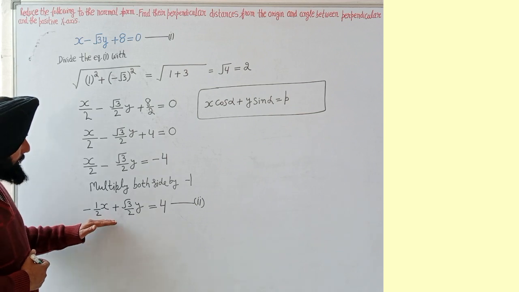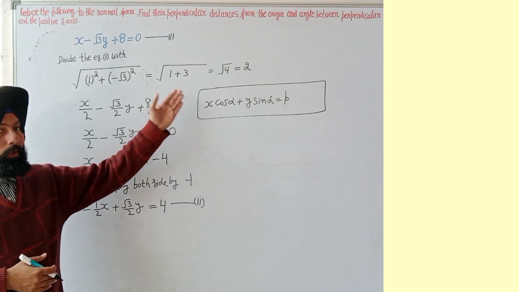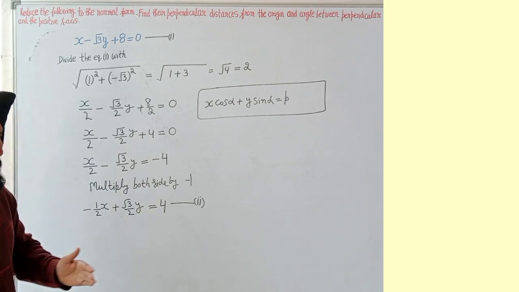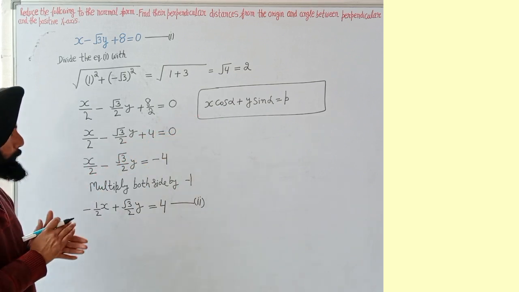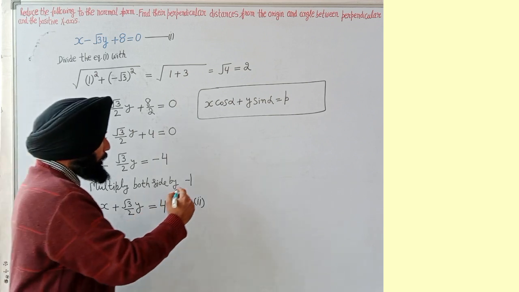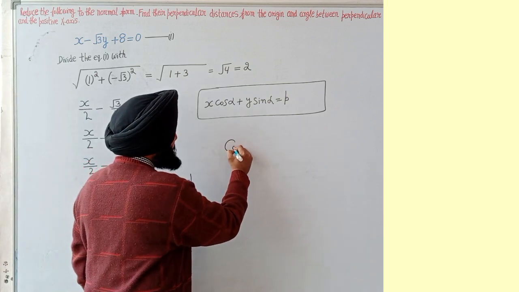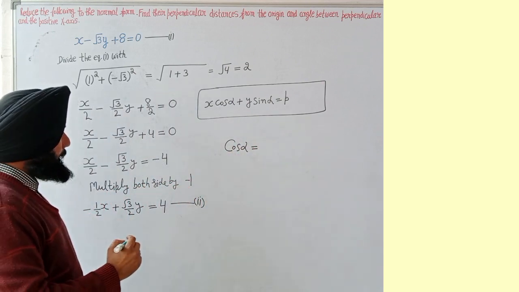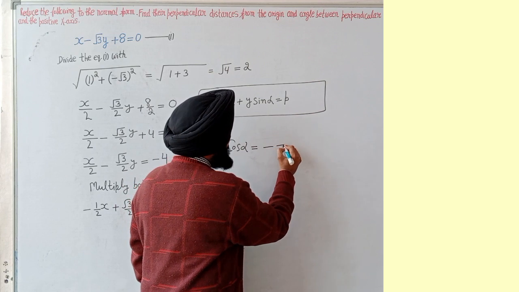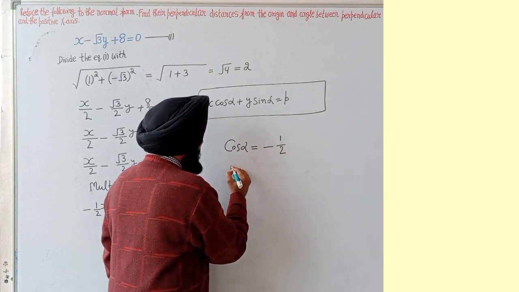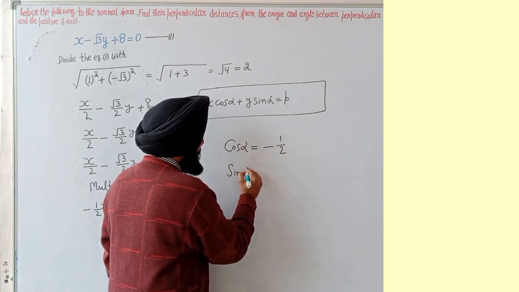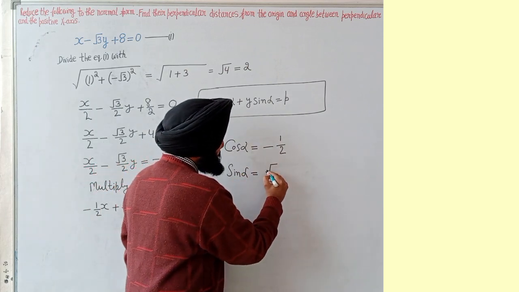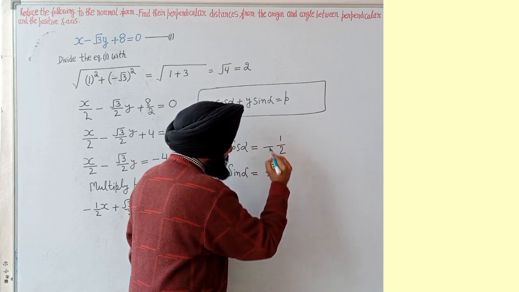Now compare this equation with the normal form. What we get on comparing these two equations? Cos alpha equal to negative 1 over 2 and sin alpha equal to under root 3 over 2.